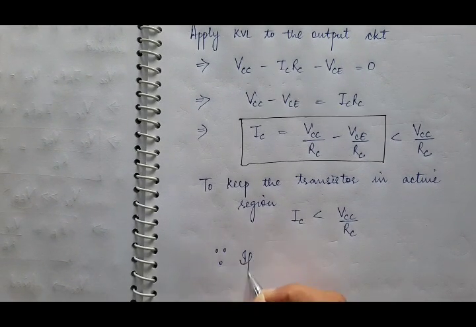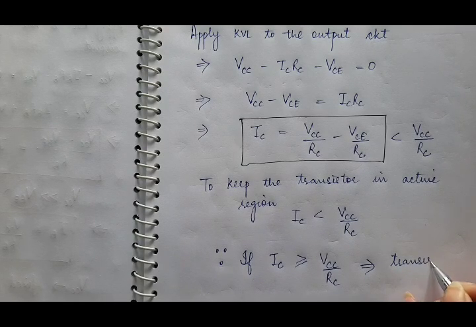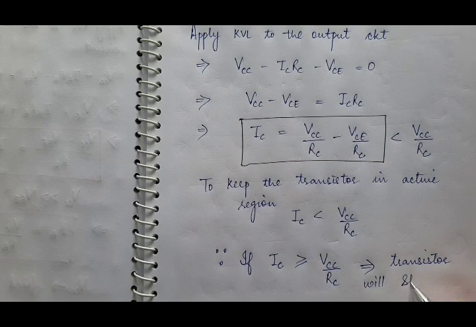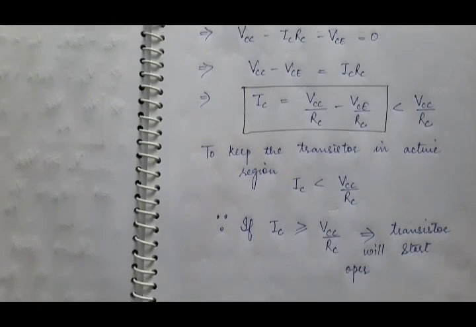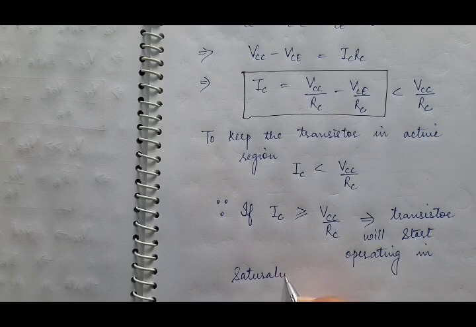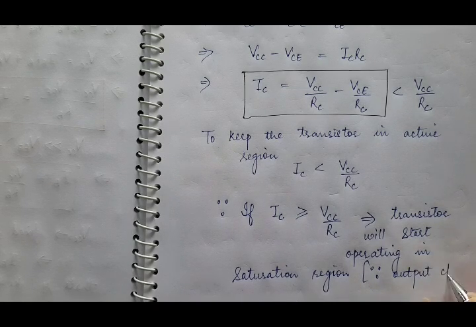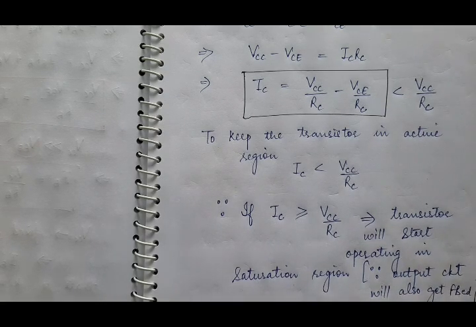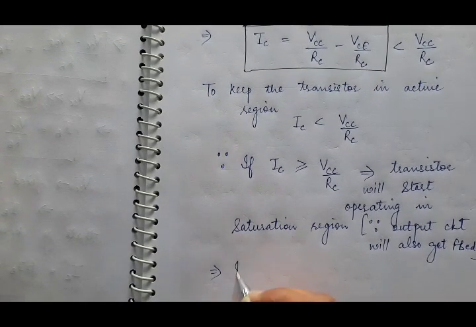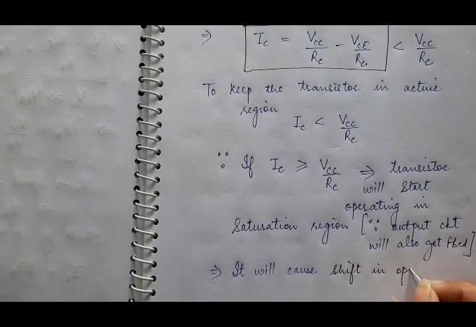Because if this collector current IC becomes greater than or equal to this VCC by RC, then the transistor will start operating in saturation region, because the output circuit will also get forward biased, and it will cause a shift in operating point.